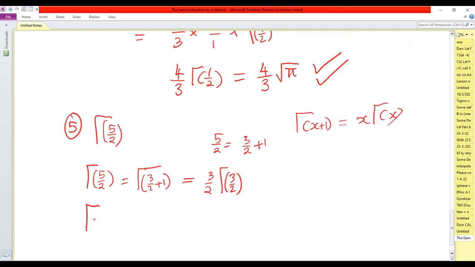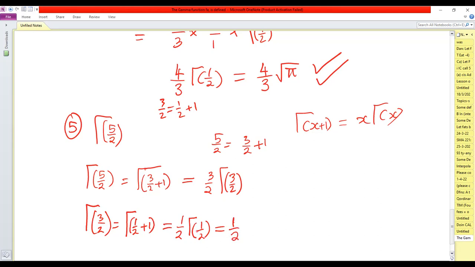Also, gamma of 3 over 2 is given by, now 3 over 2 is the same as a half plus 1. So I can write this one as gamma of a half plus 1. Now, making use of this property, we'll have a half gamma of a half, which will be a half, and then gamma of a half is root pi.